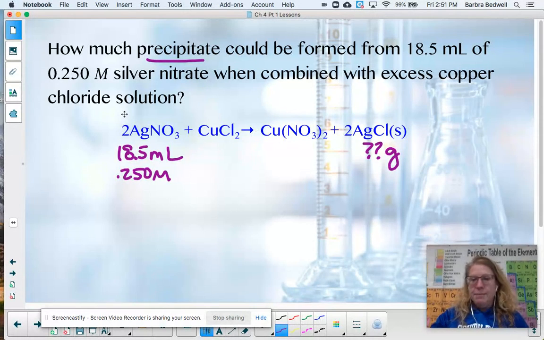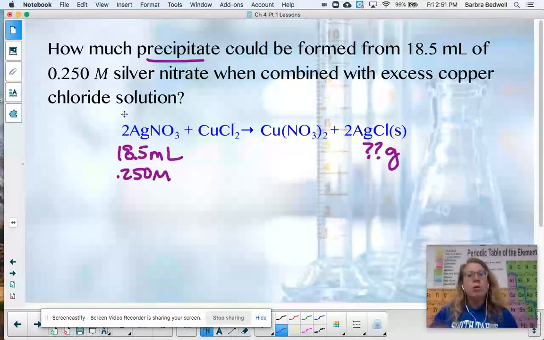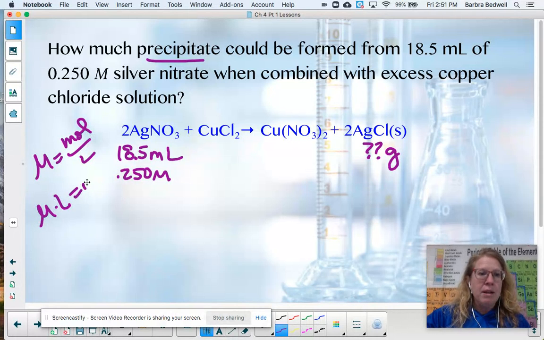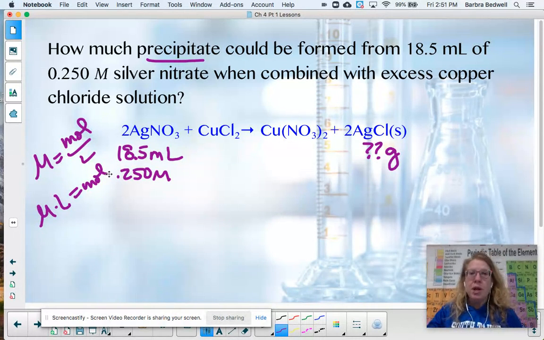So what now? Well, normally we would do grams to moles. In this particular case, instead of doing grams to moles, we're going to do molarity to moles. Remember, we've got this equation, molarity equals moles per liter, or we can rearrange it, M times L equals moles. So rather than doing a grams to moles conversion, we simply use the molarity equation to figure out what our moles are.